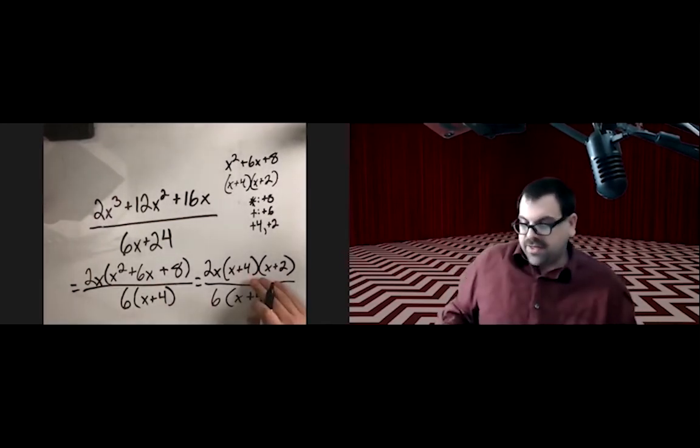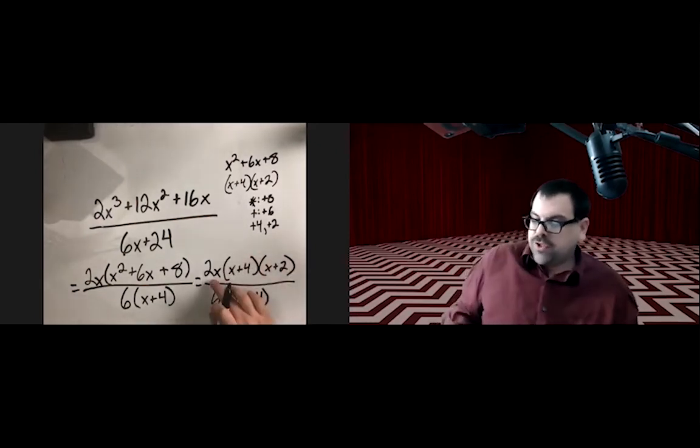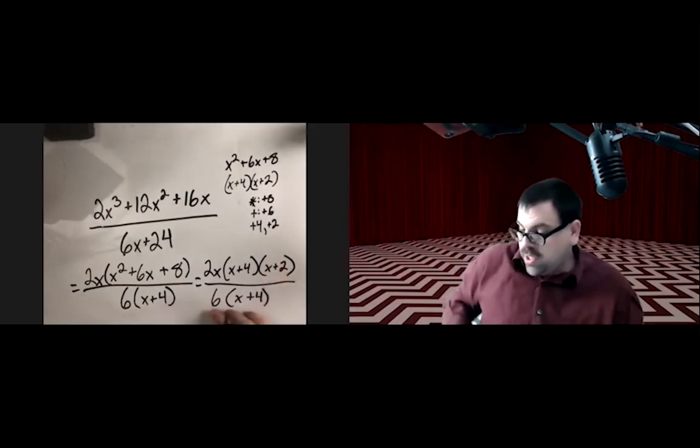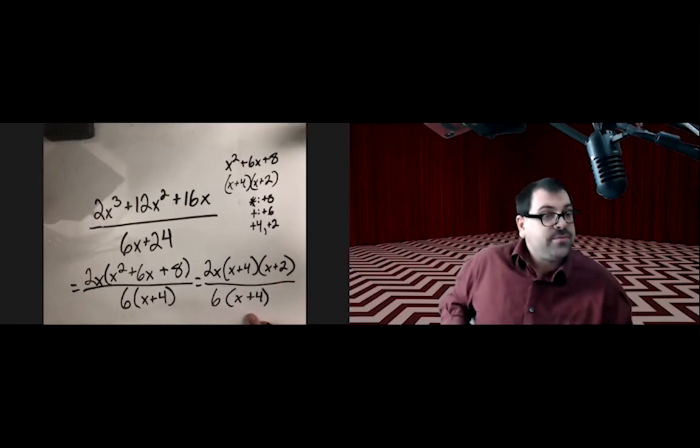So completely factored, the numerator here would be 2x times (x plus 4) times (x plus 2). The denominator would be 6 times (x plus 4).